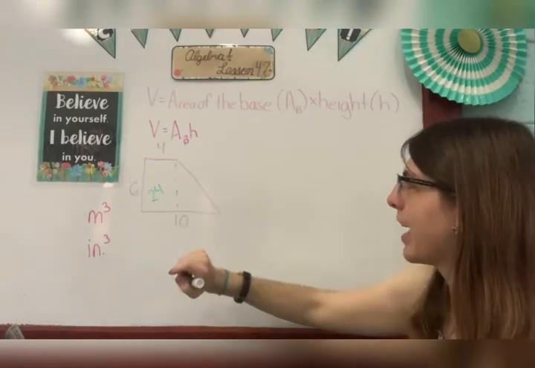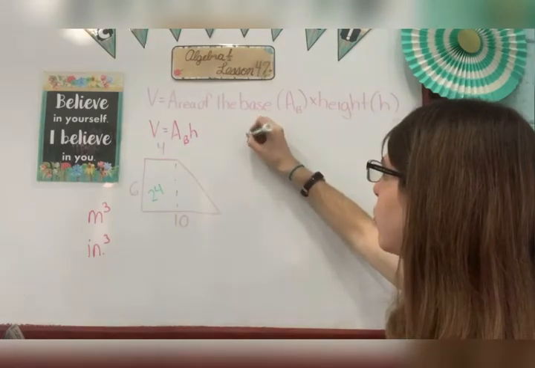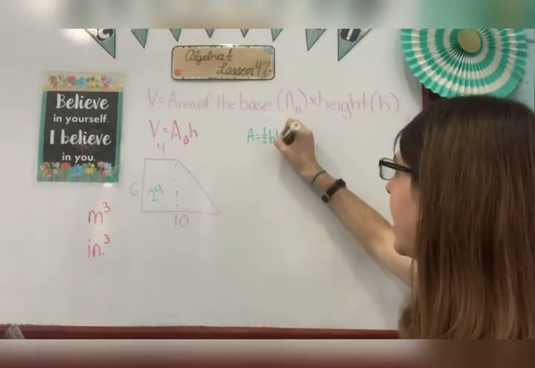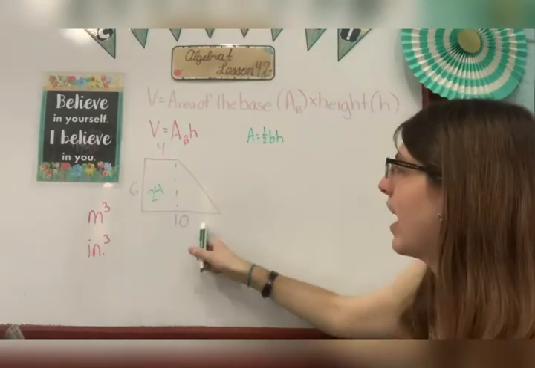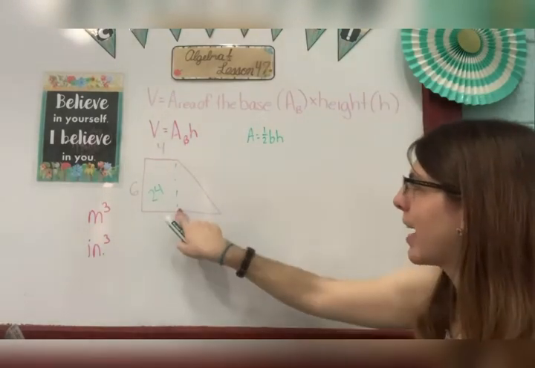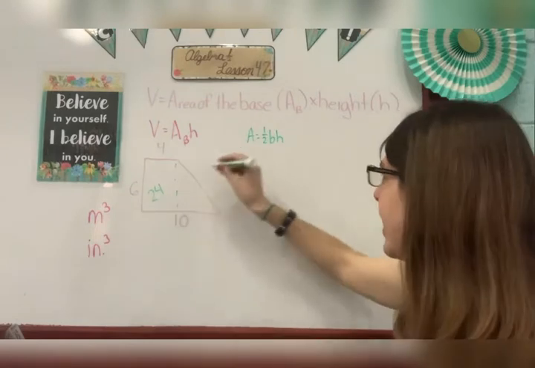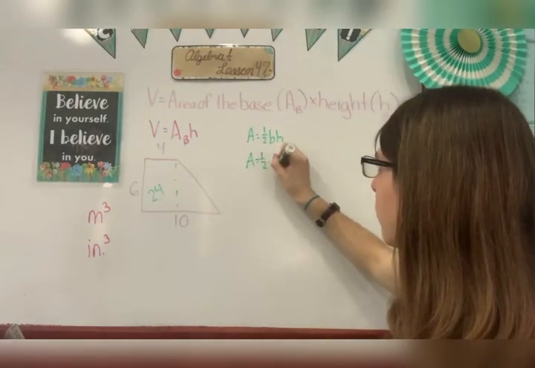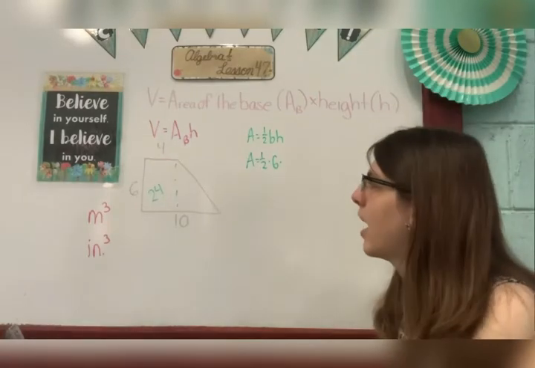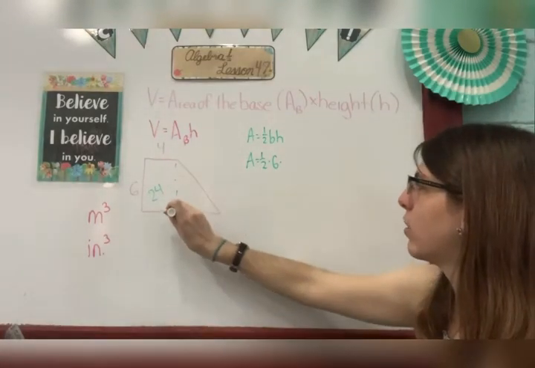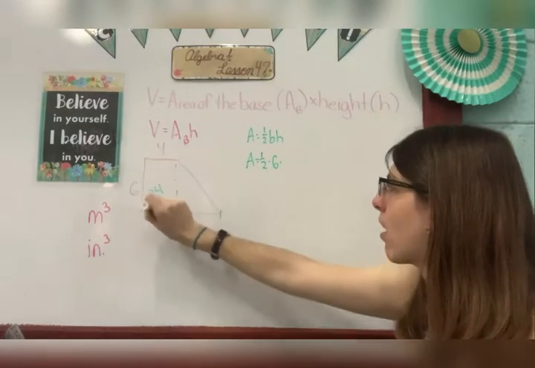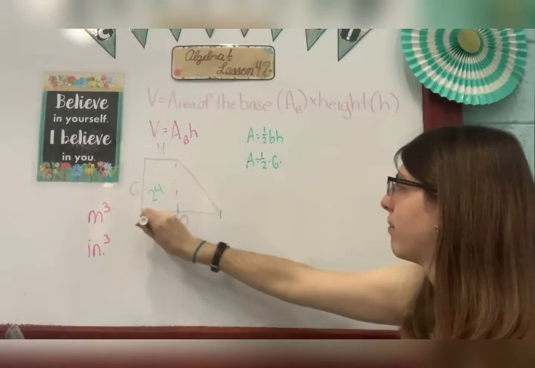For my triangle, remember the formula for the area of a triangle is 1/2 base times height. So I have to find my base for this triangle. I know that my height is 6, it's the same as right here. So I'll go ahead and put that into my formula. My base goes from here to here. Well, I know that this part has to be 4.